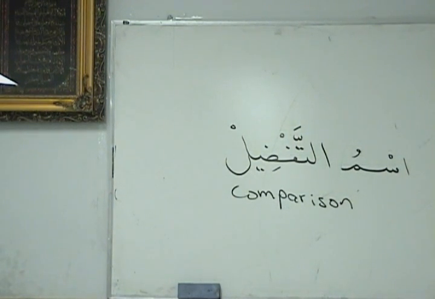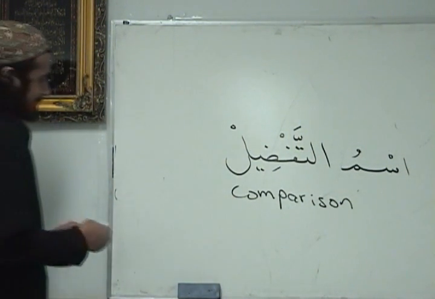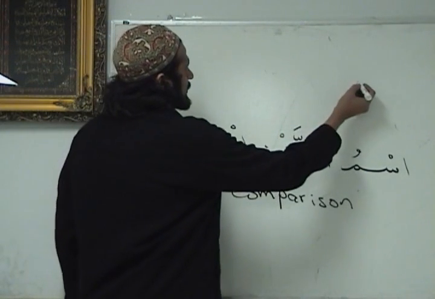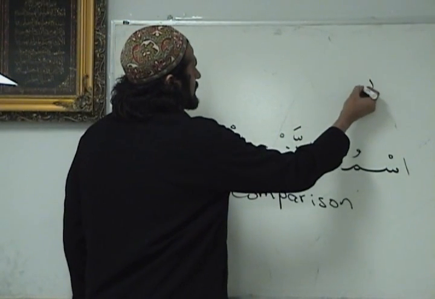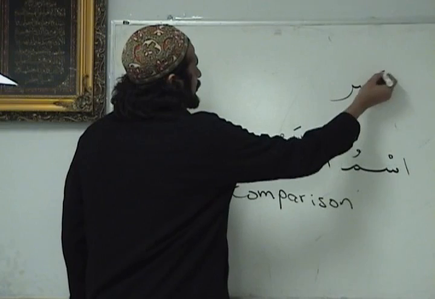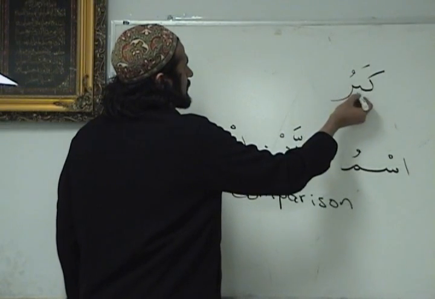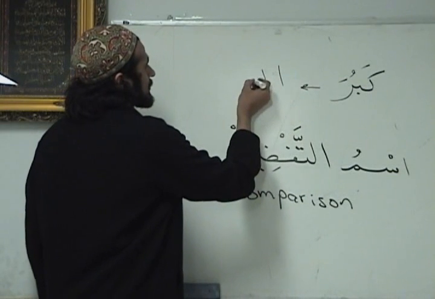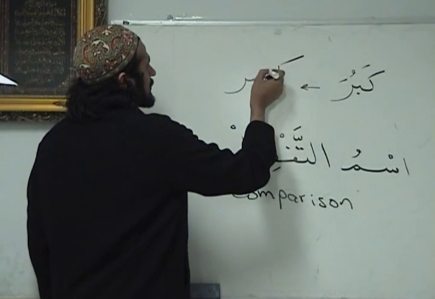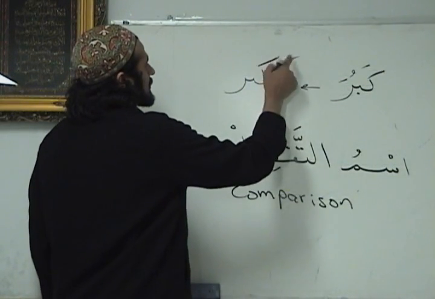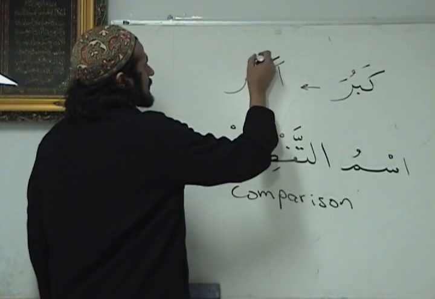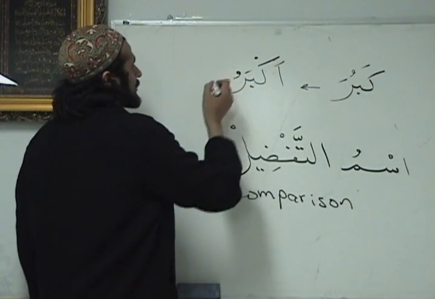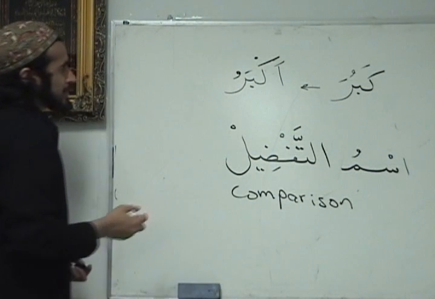So the form for this is, for example, from Kabbalah. From Kabbalah we have Akbar. Akbar. So Akbar means what?